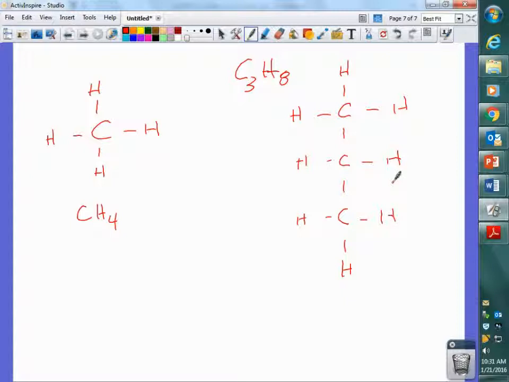What's true about the two elements in these two compounds? Which two elements are in both? Carbon and hydrogen, right? So if the name is based off of the elements that are there, we have a problem because these both have the same elements, it's just the ratio is different.